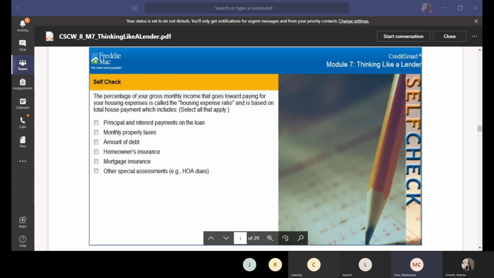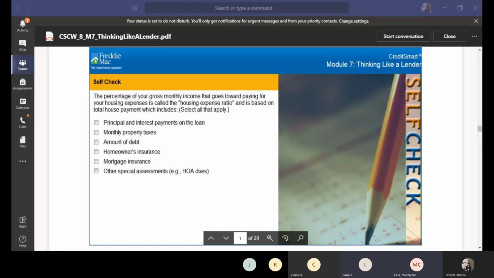Does it include that? Yes. Good. Monthly property taxes? Yes.